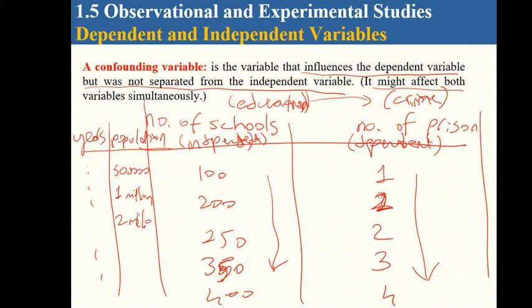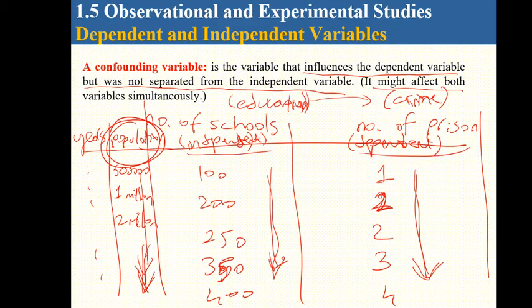As the population gets bigger, you expect the number of schools to get bigger and the number of prisons to increase, of course. So behind the number of schools and behind the number of prisons, there is a confounding variable, which is the population.